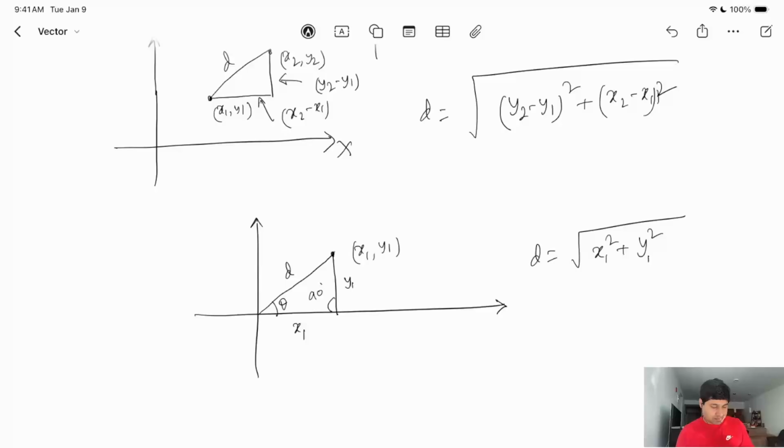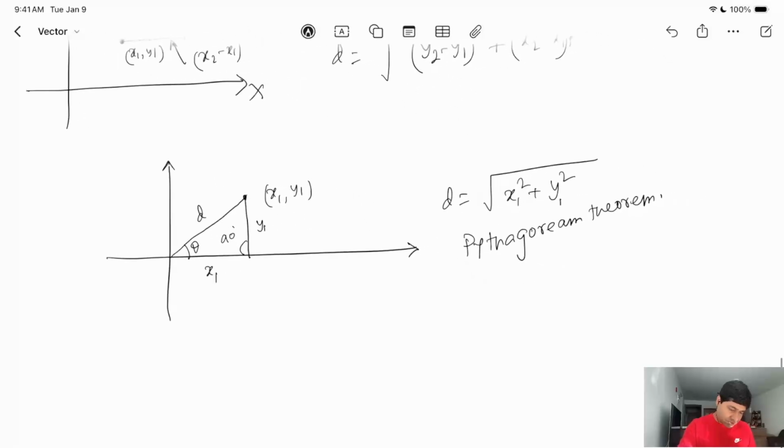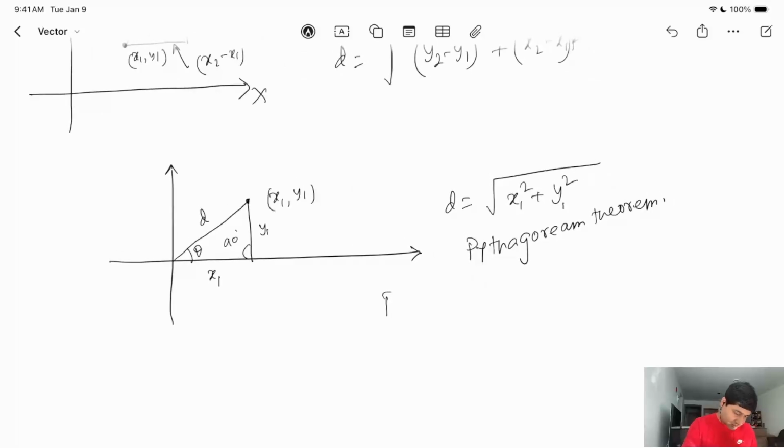And we can easily prove it using area. So how to prove this Pythagorean theorem? We can easily prove it using a square.